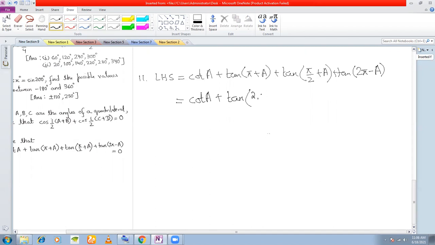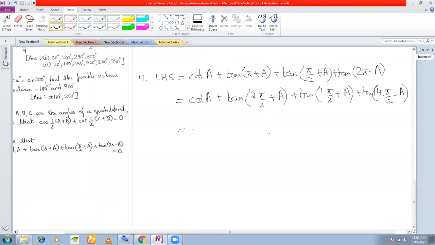So you can write this as 2 into pi by 2 plus A, plus tan of 1 into pi by 2 plus A, plus tan 2 pi means 4 into pi by 2 minus A.